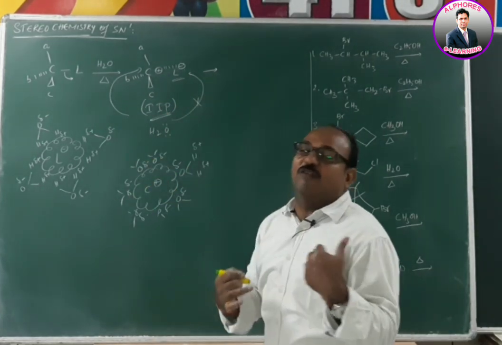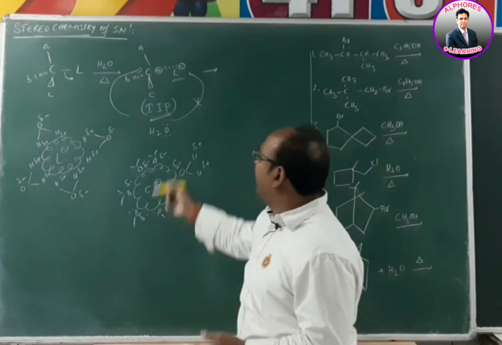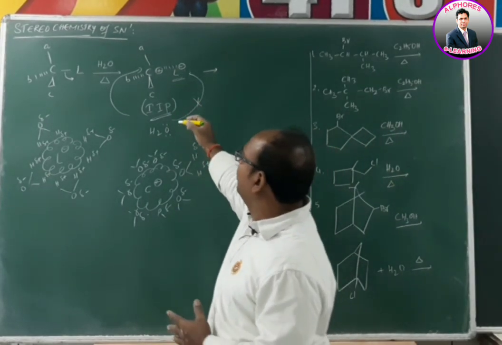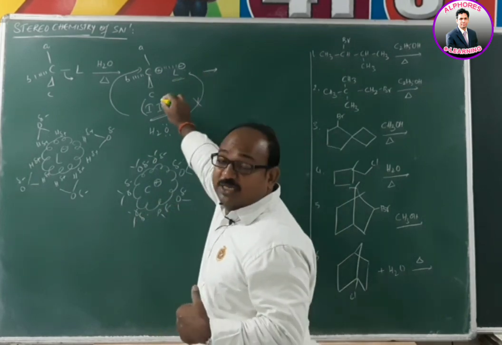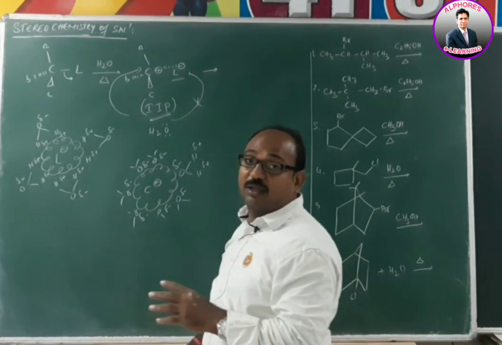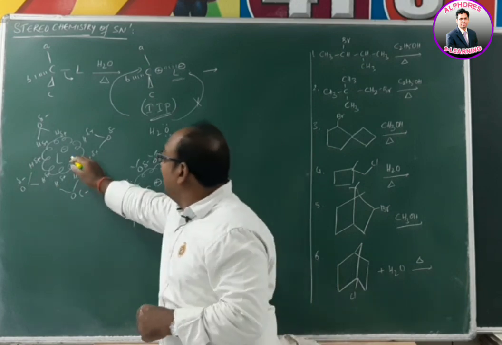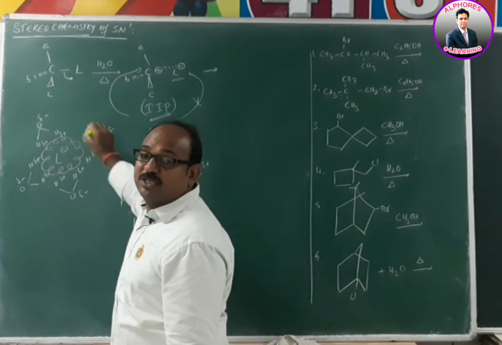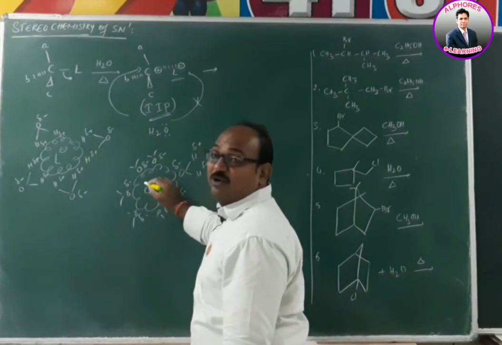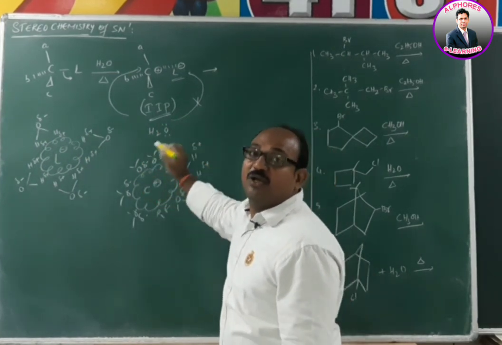Later, what happens? Solvent molecules like water molecules come and surround the positively charged carbocation and the negatively charged ion. How are they going to surround? L minus is surrounded by partially positively charged H plus, and C plus is surrounded by partially negatively charged oxygen.